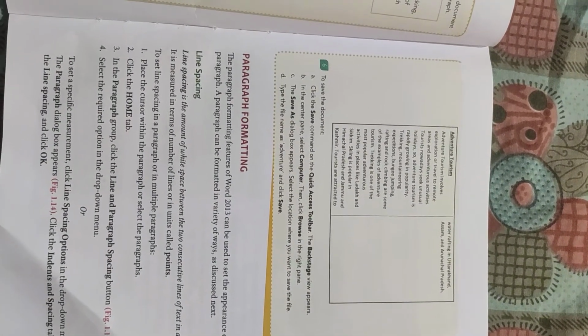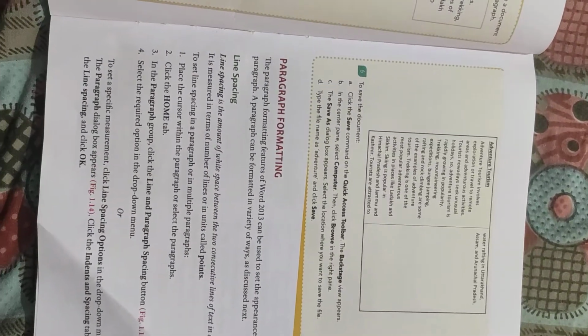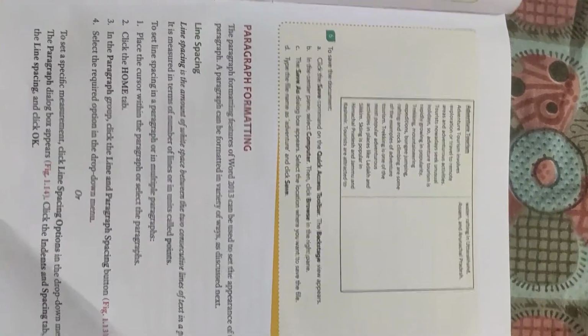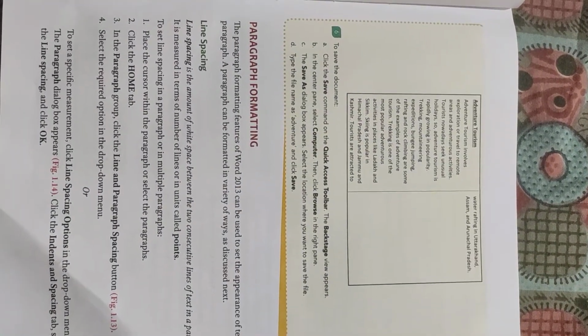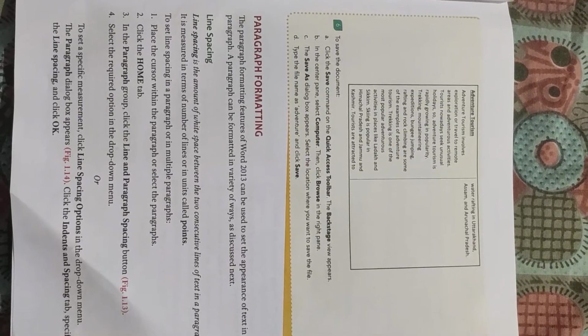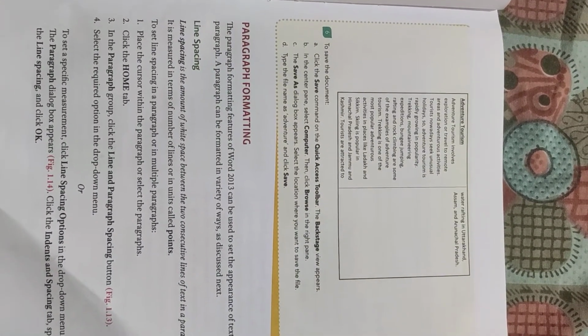So to set line spacing in a paragraph or in multiple paragraphs, here are the steps. You can do this in two options. The first option would be you have to select, using your mouse pointer, the paragraphs in which you want to apply the line spacing option.